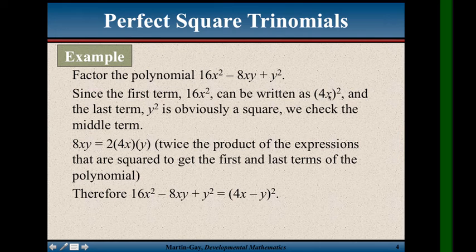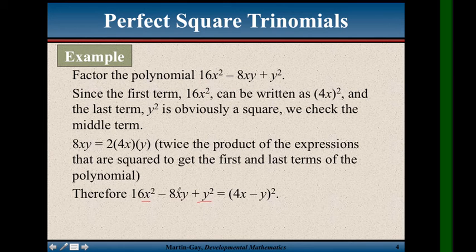We just get the square roots of 16x squared and y squared, so that is 4x minus y. We just get these two, x and the y. And as we all know, when we multiply 4 times 2, we will get 8.